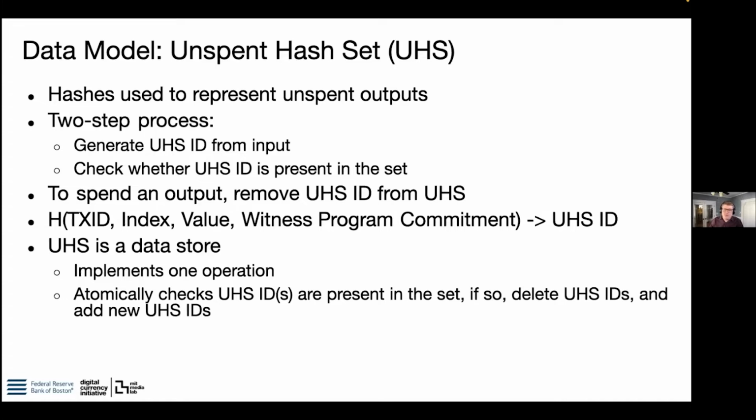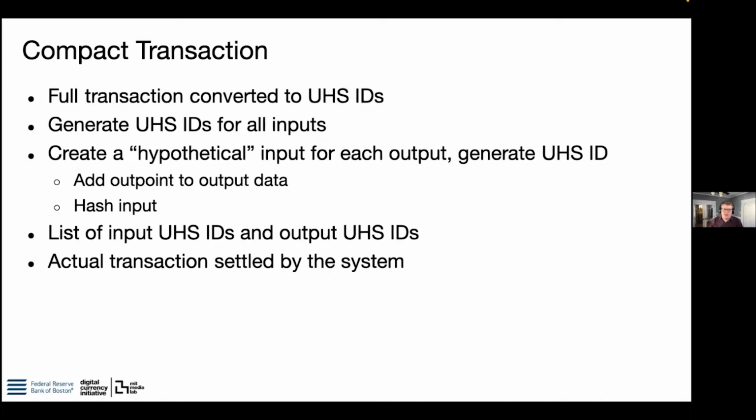So what we have to build from the full transaction that we made before is a compact transaction. So we're going to, for each input, just take the input data, hash it, and that will give us the UHS ID of that input. And then for each output, we're going to generate a hypothetical input. If that output was to be spent in a subsequent transaction, what would the input look like?